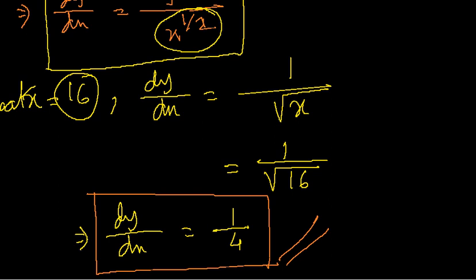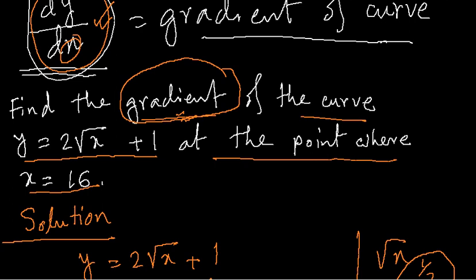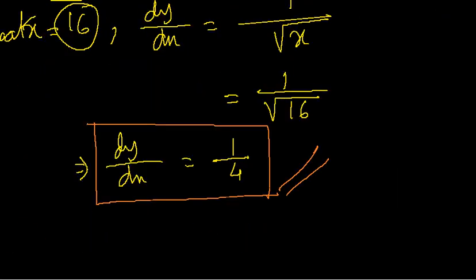This was the required question: find the gradient of the curve y equals 2 root x plus 1 at the point where x equals 16. First we found the value of dy by dx, that is 1 by root x.